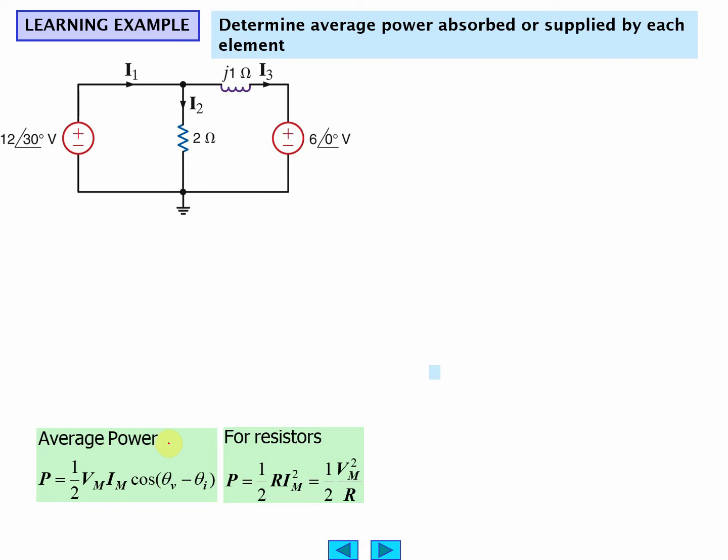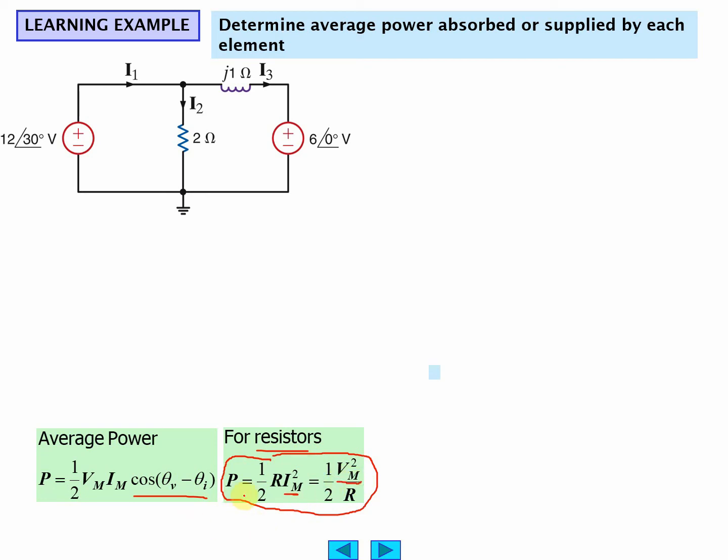So just a reminder down here, what average power is, it does have a phase angle right here. And for resistors, you can use either one of these two formulas. Magnitude of current, magnitude of voltage, watch out for that.